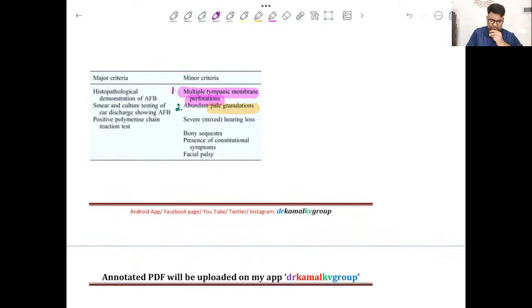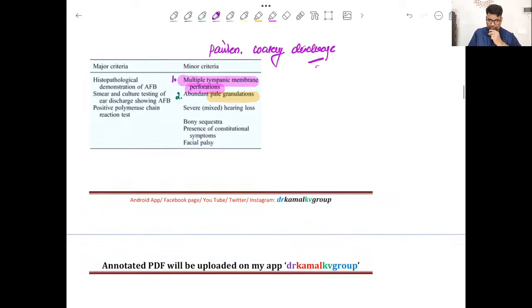So presentation wise, multiple tympanic membrane perforations and pale granulation is also important here. And of course clinically the discharge is painless, and you can say watery discharge. So a very classical presentation for tubercular otitis media.